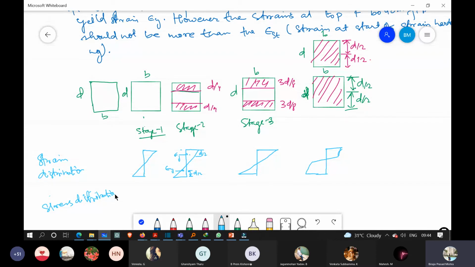Just like this, for stage 1 the stress distribution will be similar, and for this one the stress distribution will be somewhat constant till this point. This is one single line.